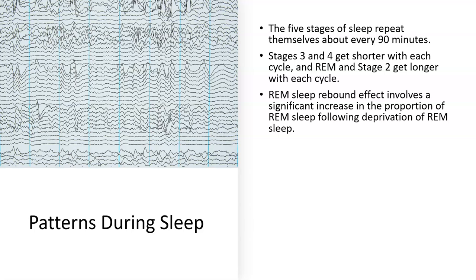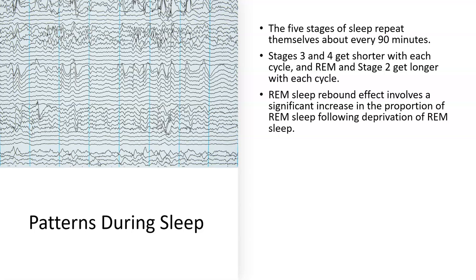If they want to deprive someone of REM sleep, every time they're about to move into that part of the cycle, they'll be awakened. So they have to then return to stage 1, stage 2, stage 3, stage 4, and then be awakened again. So they're deprived of REM sleep, and then they will be allowed to sleep uninterrupted.